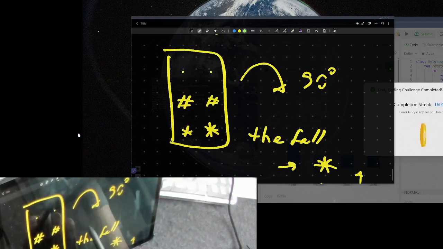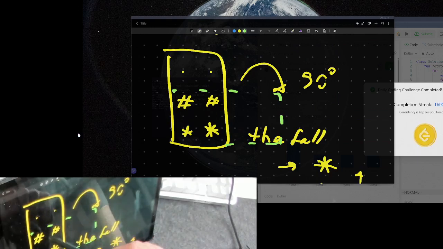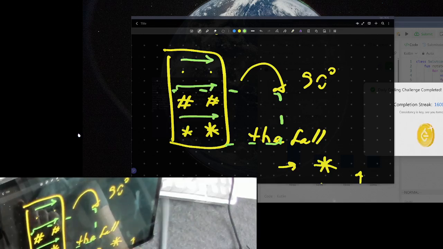So rotation is trivial, you just transpose the coordinates, and for the simulation you have to simulate a fall, or you can simulate it row by row before the rotation.